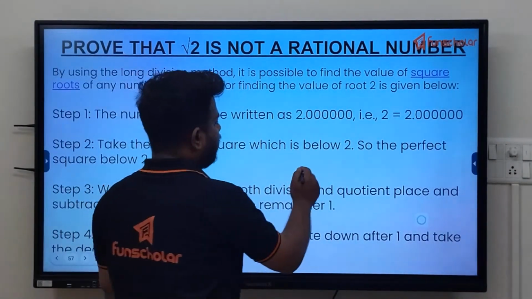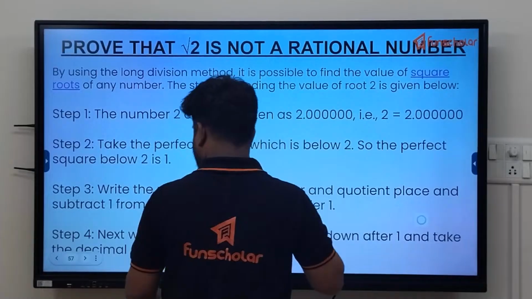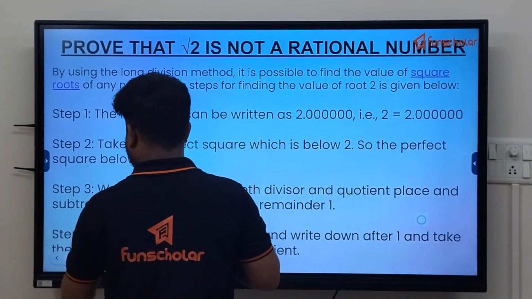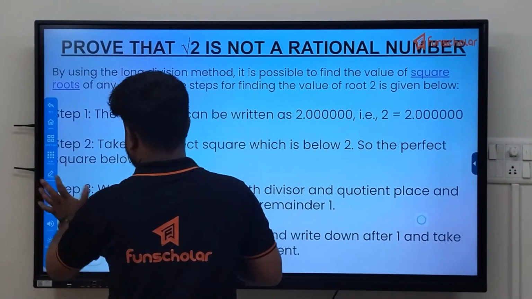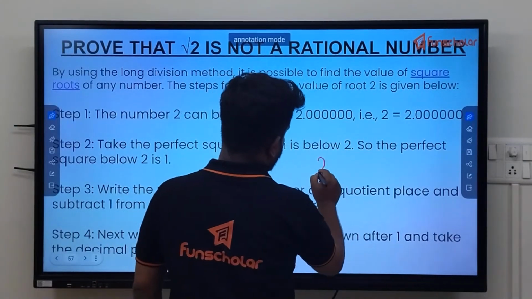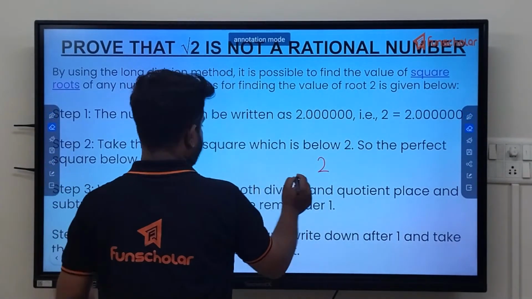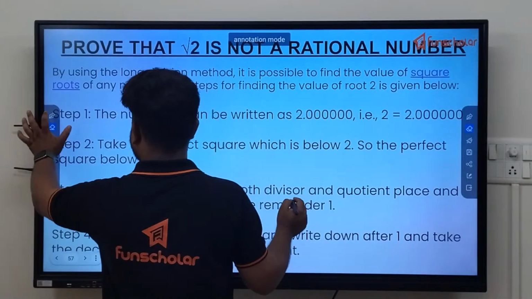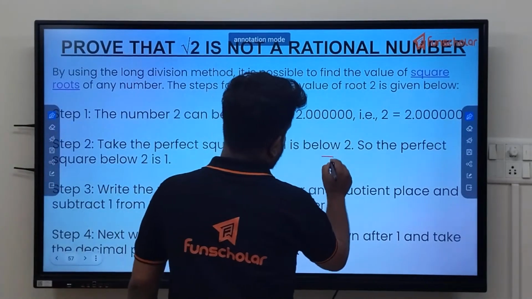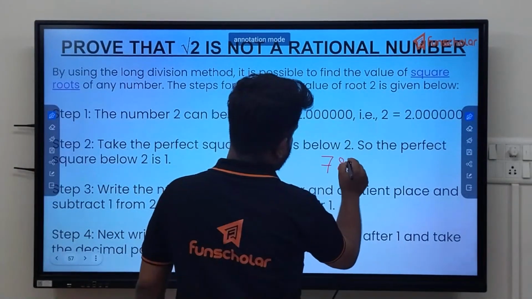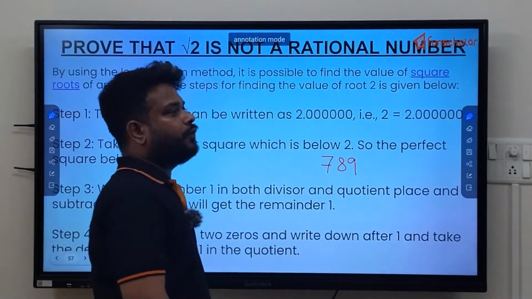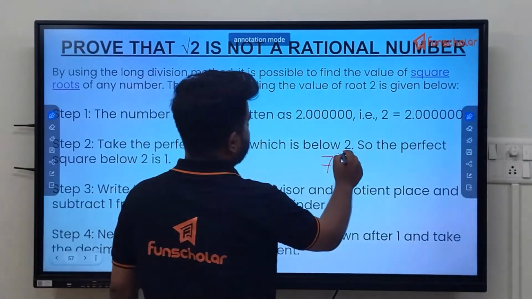We already learned in lower classes that we can find the root of any number by the division method.